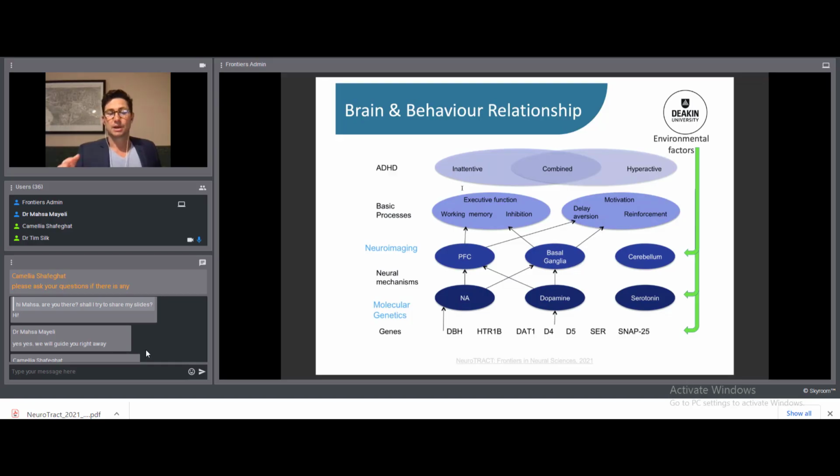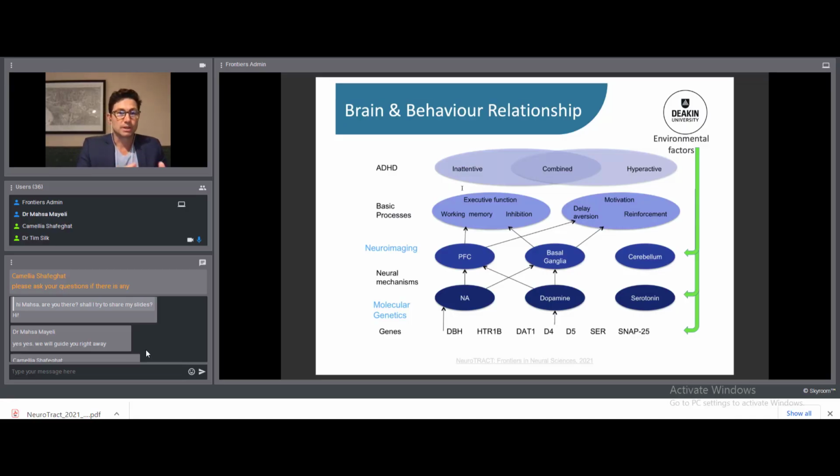At the top there, we've got a collection of symptoms for the disorder, but underlying particular symptoms are different basic brain processes. And that might be inhibition or it might be motivation. And underlying those basic brain processes, they're driven by different brain regions or networks of brain regions, such as, say, the prefrontal cortex.